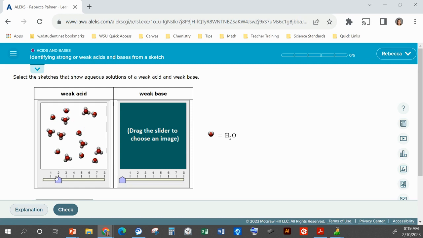Okay, and then we just keep going through. So this one, all we have is hydronium and water, and that doesn't make sense because the hydronium is a positive charge. We need a negative charge to balance that. This one, if we look through, we have hydronium, and this is our conjugate base.